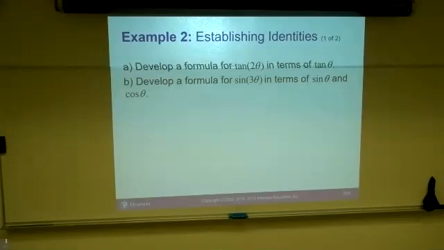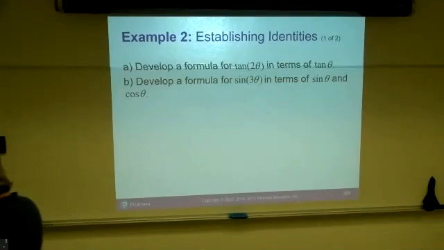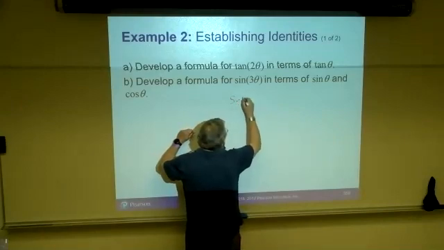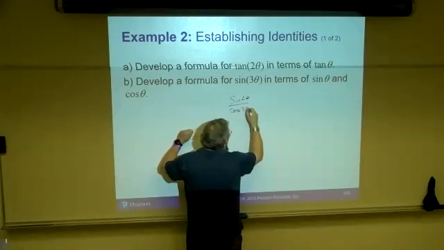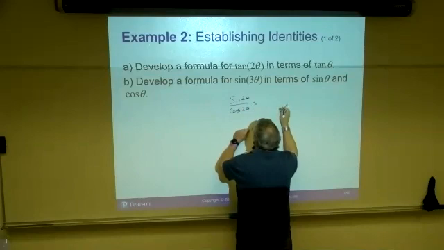So what's the double angle theorem for tangent? What is tangent in terms of sine and cosine? So that's going to be sine of 2 theta divided by cosine of 2 theta. Which would be easiest?